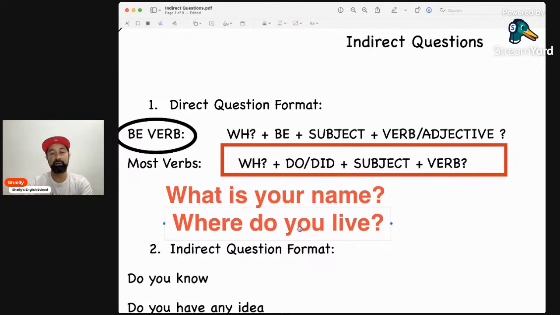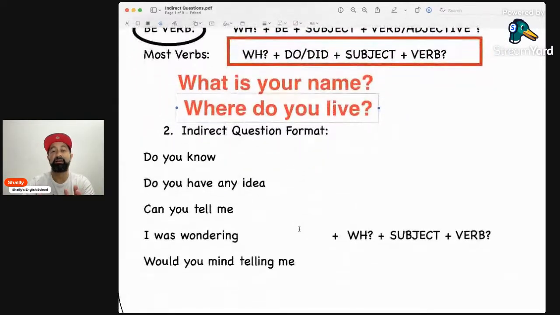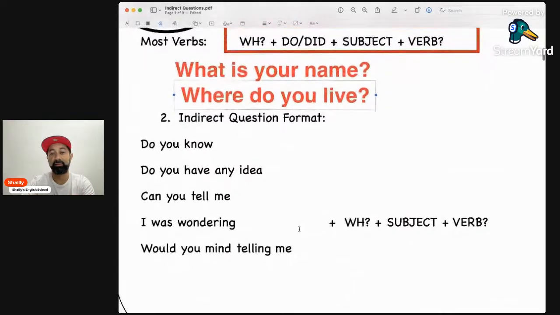So we want to learn, how do we make this more polite? How do we make this where I can use it in business, or I can use it when I talk to strangers while I'm traveling? Well, that's when we use the indirect question format.